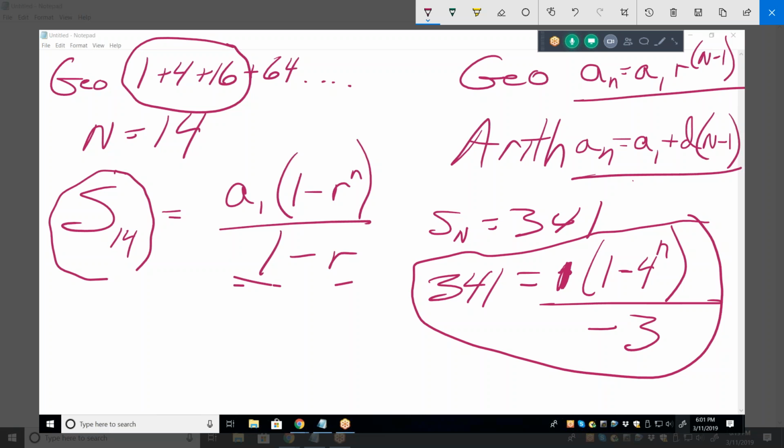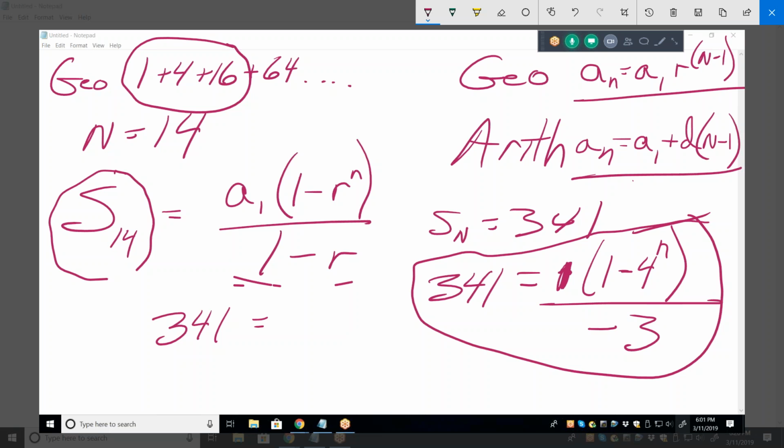Okay. You may have to use logs here, you may not. Let's see whether we have to or not. Usually when your variable is in the exponent, it's a log problem, unless you can do it without using logs, if it happens to be perfect cubes or perfect fourths or something like that.